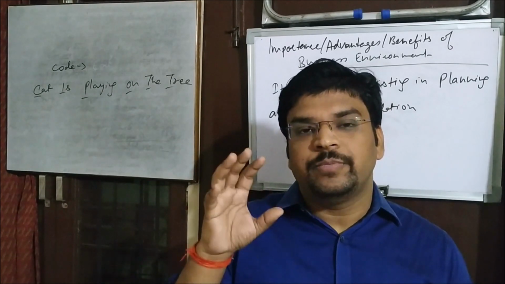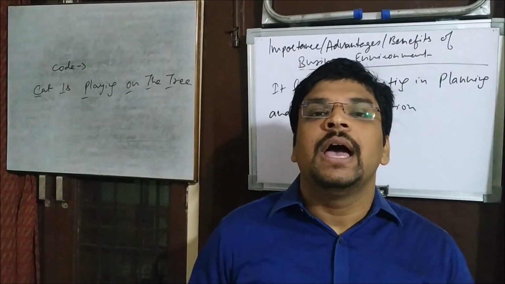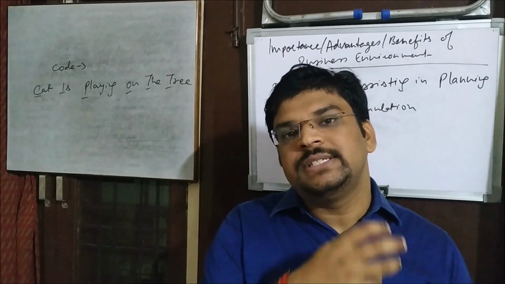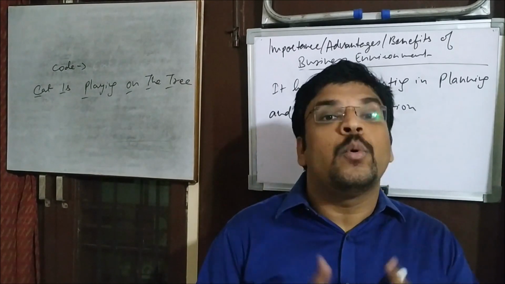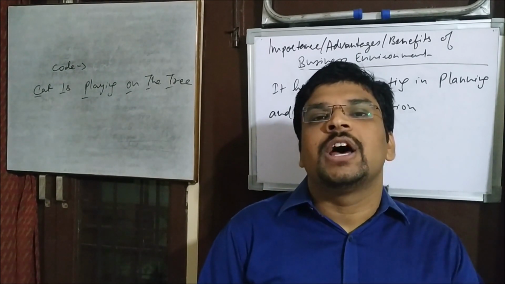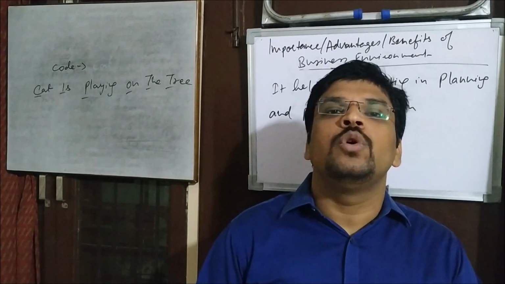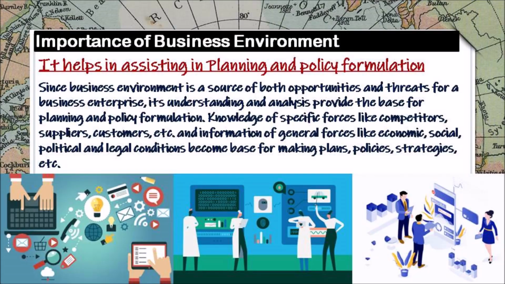So that is how they understood the business environment in India, and then they made changes in their policy and planning, and they have been going on according to that. So it becomes important for a business enterprise to study the business environment if they really want to form policy or make planning, right?